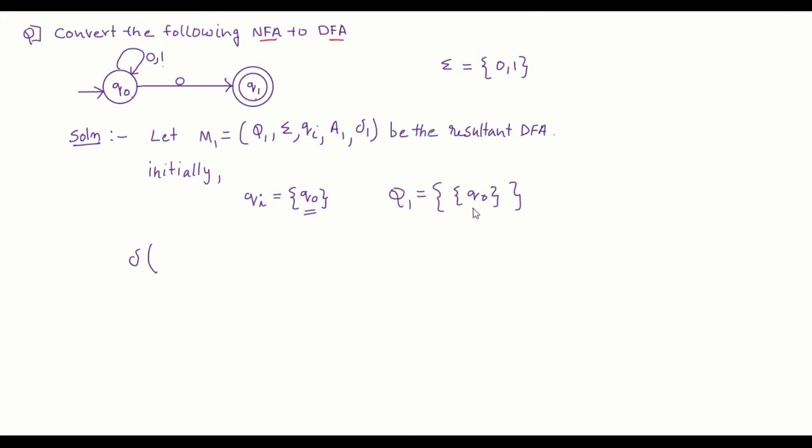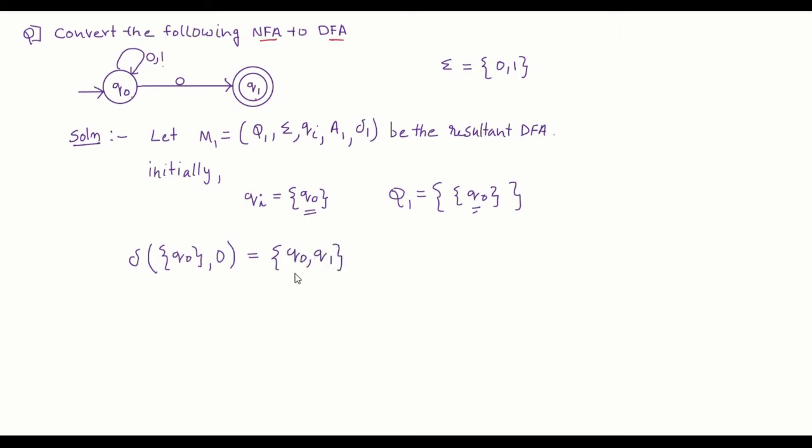Since Q0 is the only state present right now, I will find out the transition of state Q0 on reading 0. So Q0 on 0 goes to Q0 as well as it goes to Q1. So the answer to this is Q0 Q1.